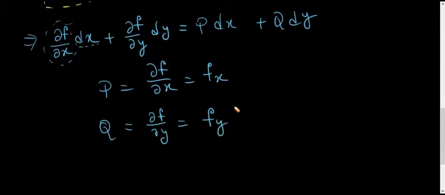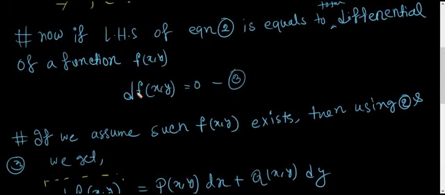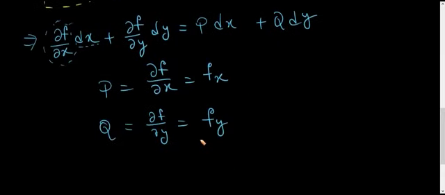Now since this is an exact differential, that is the function satisfies equation 3, and it's a function of two variables x and y. We know from our calculus that the second derivative, that is the mixed derivative part, are same under the switching of order of differentiation.